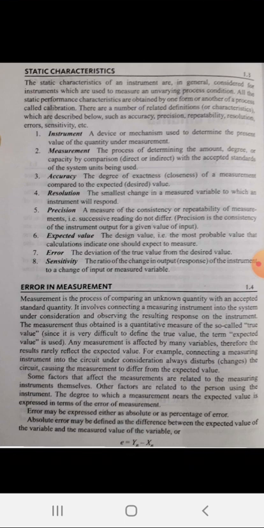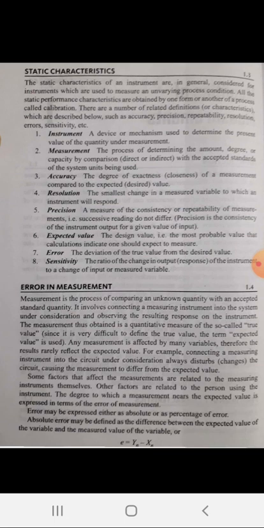Very simple, suppose there is an electrical circuit, you are expecting that from this circuit you are getting suppose 7 volt. At the output we are expecting the 7 volt output. But when you are measuring with the help of a voltmeter, you are getting 6.5 volt. So what will be the error? That is the difference between the expected value and the measured value.